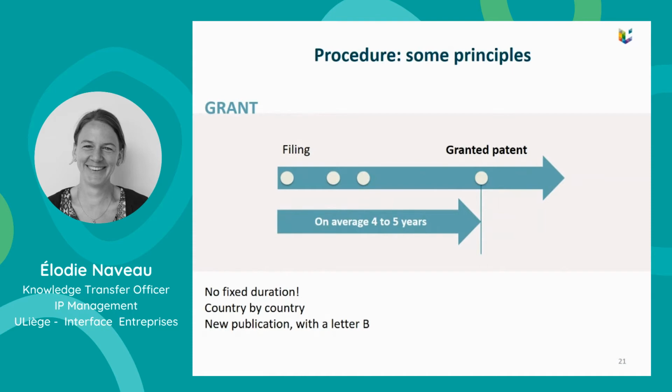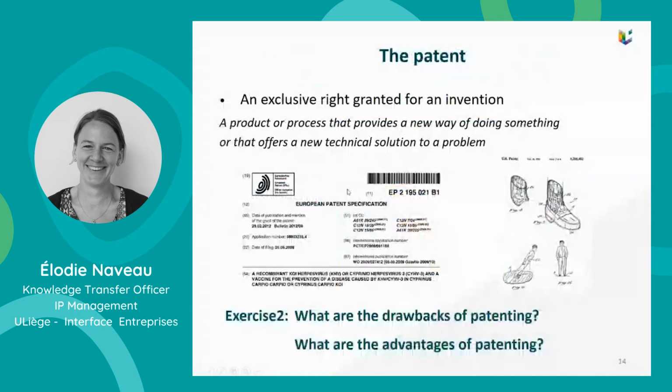You have on a patent the number of the patent. I can show the one here. This is a European patent specification. You see here specification, it's not application. This is the logo of the European Patent Office. You have EP, these 2 letters are to show that it's European, and the number, and then here you have a letter B. It is granted.